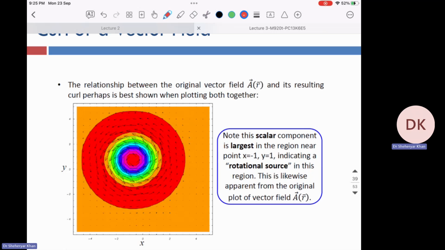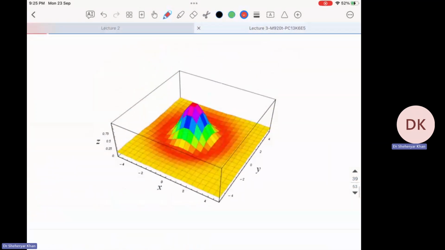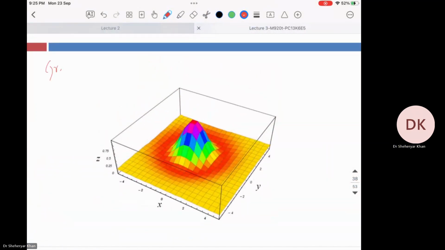it's more like a rotational source. Now remember, previously we were discussing three different things. Let's say we talk about gradient, right? So for gradient, the output value tells us the maximum change. The peaks tell us where the quantity is changing rapidly.